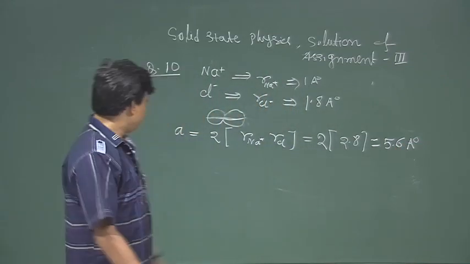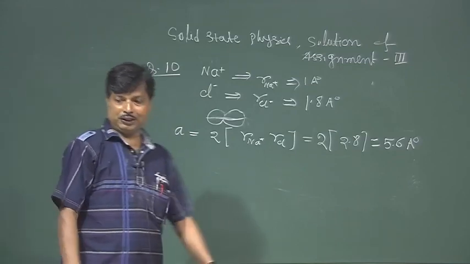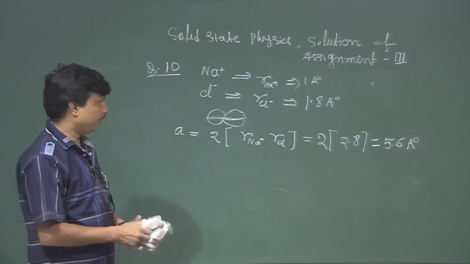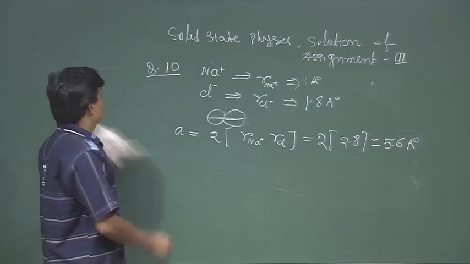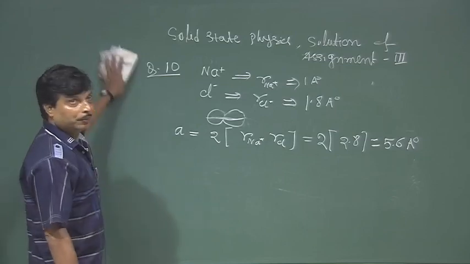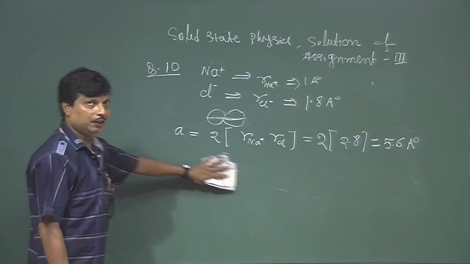So, this is the lattice parameter A as I have written. Now, the sodium chloride structure I have already shown you many times. In this case, the number of lattice points per unit cell is 4.